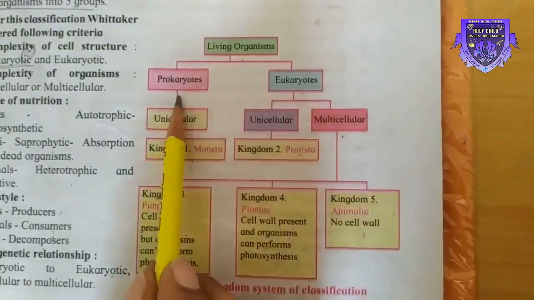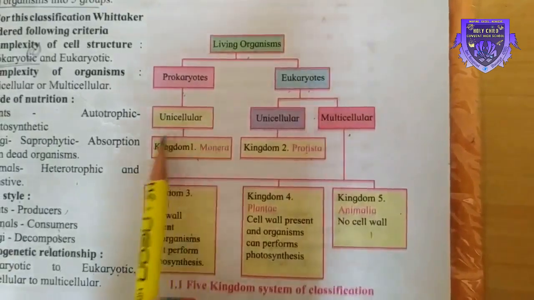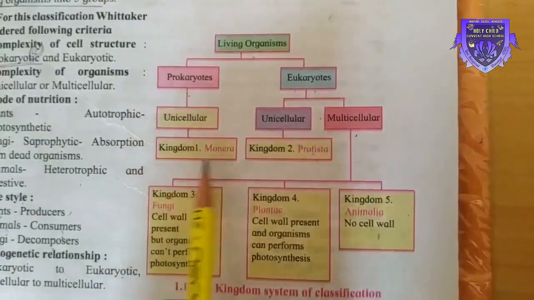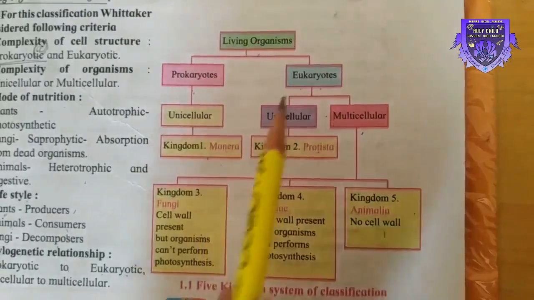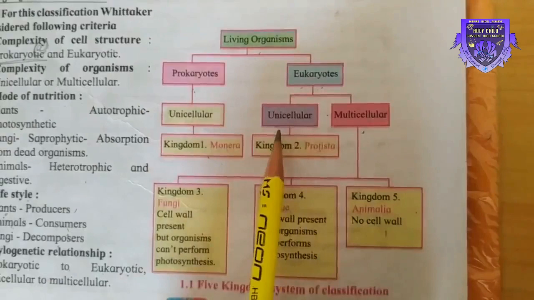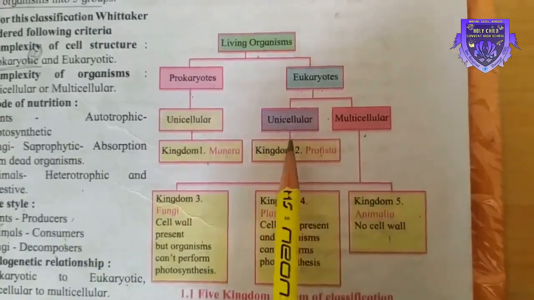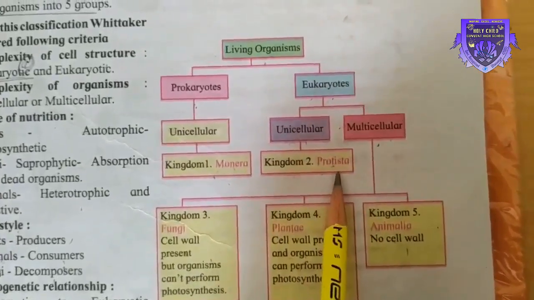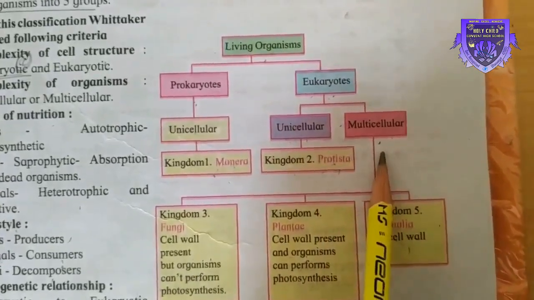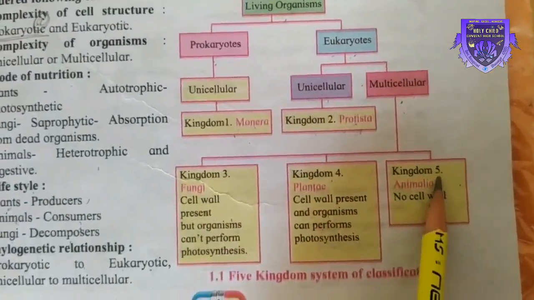If it is prokaryotic, then it will always be unicellular, and that classification is kingdom 1 and we name it Monera. If it is eukaryotic, then it can either be unicellular or multicellular. If it is unicellular, then that kingdom is named Protista. And if it is multicellular, it is further divided into 3 more kingdoms.